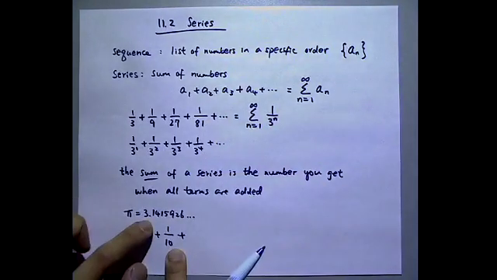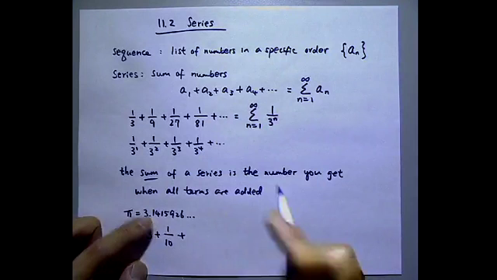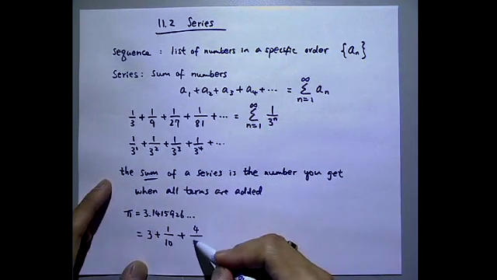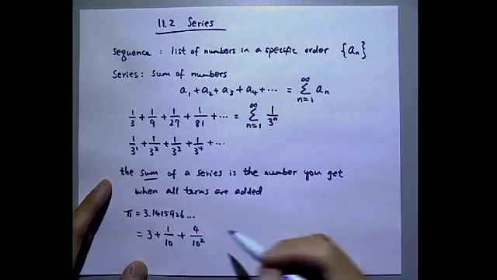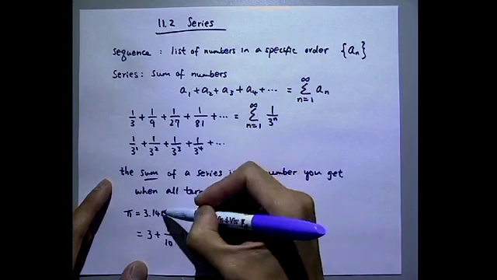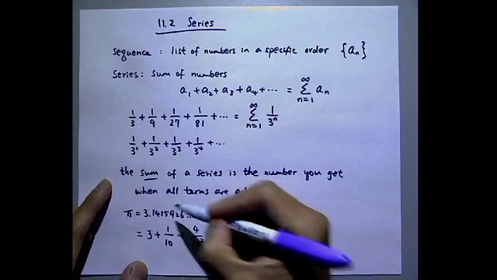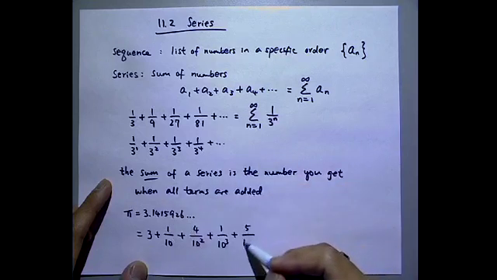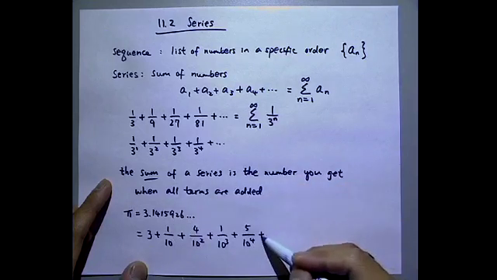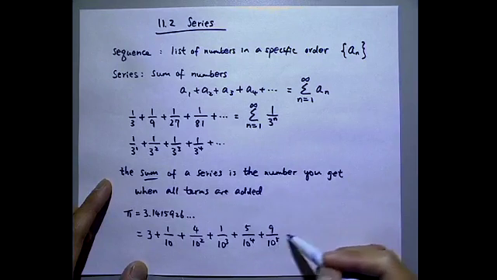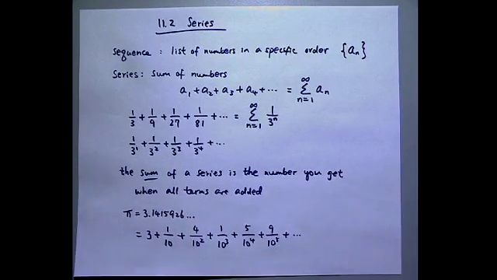That's my 0.1. And then my 0.04 is 4 over 10 squared. And my next one is 1 over 10 cubed. And then 5 over 10 to the 4th, plus 9 over 10 to the 5th, plus so on. Right? So what I've got here is pi expressed as a series.